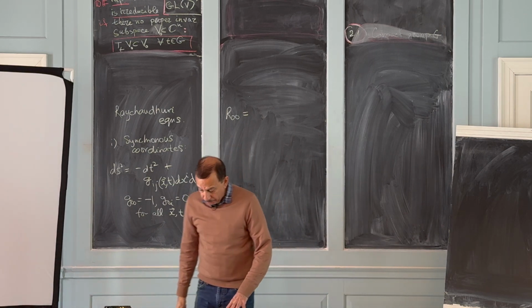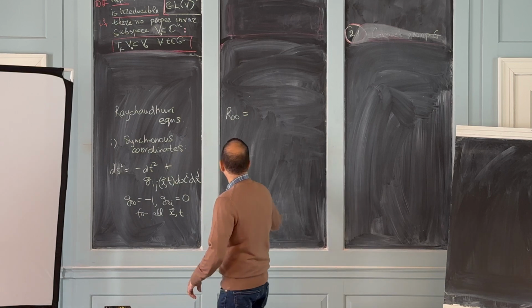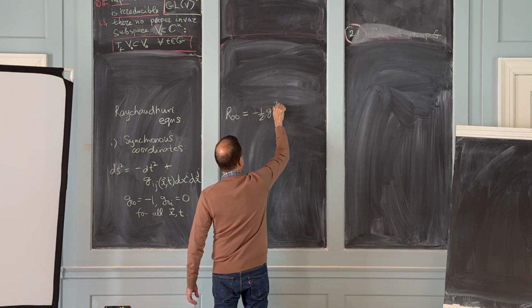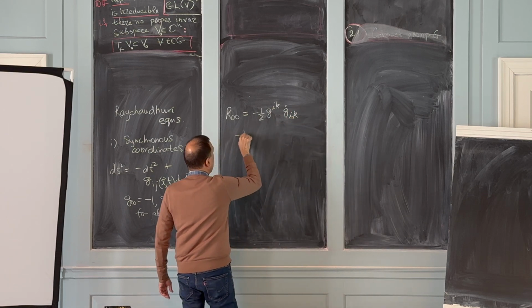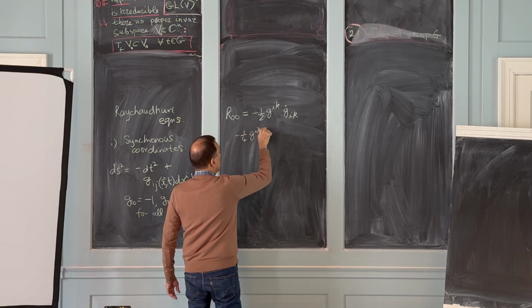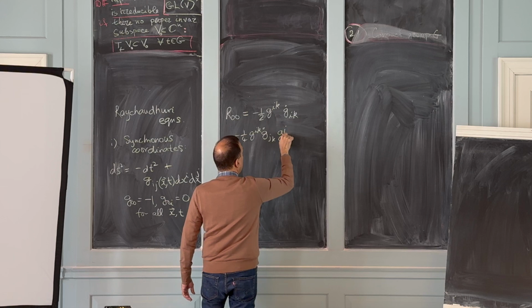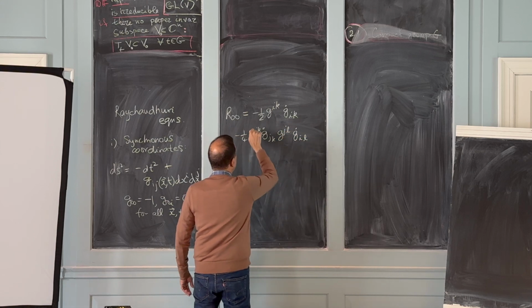R00, or the time component of the Ricci tensor, and it says that this is -1/2 g^{ik} g-dot_{ik}, with a dot, minus a quarter g^{ik} g-dot_{jk} g^{jl} g-dot_{il}.